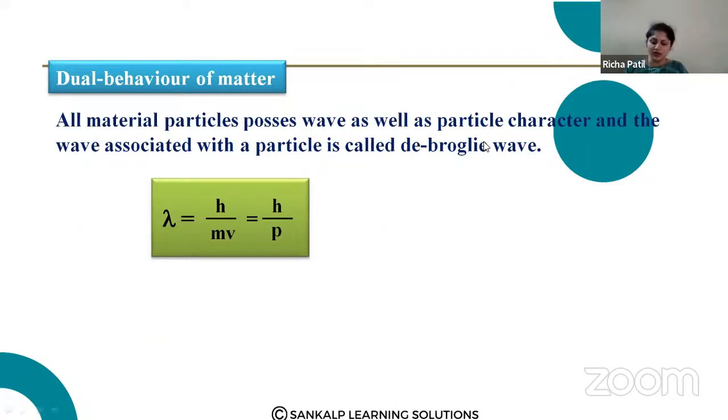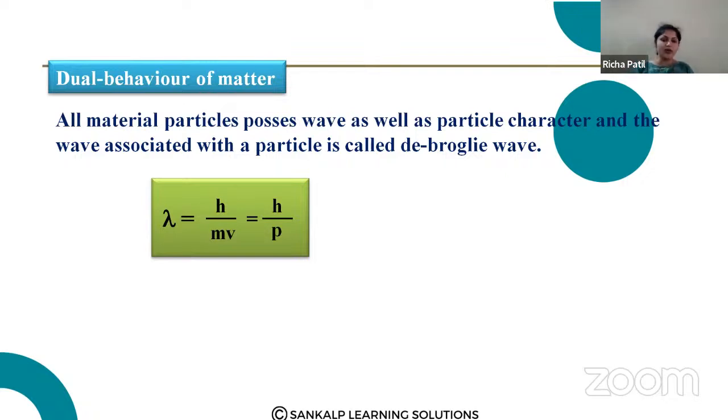So what is the dual behavior of matter? What do you mean by dual behavior? In the year 1924, there was a scientist called de Broglie. He proposed that matter, like radiation, as you have seen with electromagnetic radiation, has both properties, that is, it has wave-like property as well as particle-like behavior.